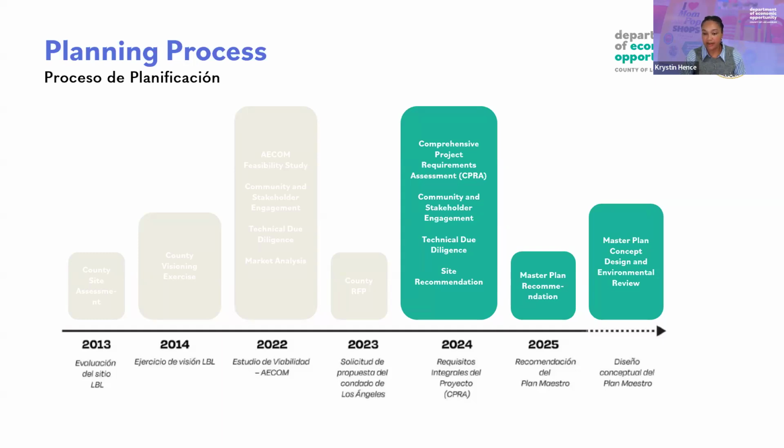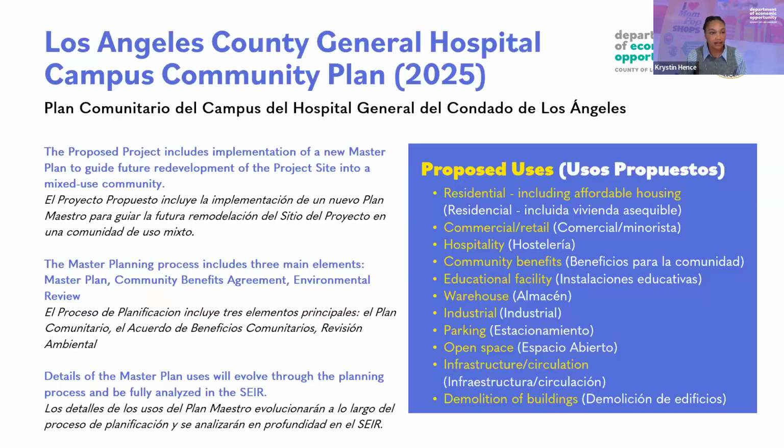This year, we're working through our master planning phase, and then we'll also be doing our environmental review, which is what this meeting is centered around, and our master plan concept development. This is an overview of the master plan development, which we are calling the Los Angeles County General Hospital Campus Community Plan. The proposed project includes implementation of a new master plan building off of the 2014 and the feasibility studies.